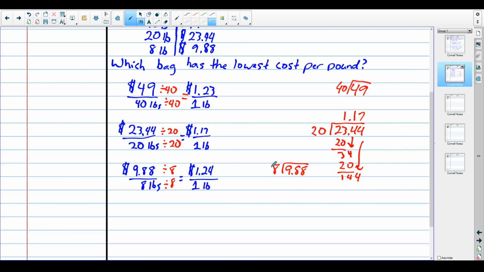So once we have our 3 answers, then we compare. And we can say the lowest or the cheapest cost per pound.